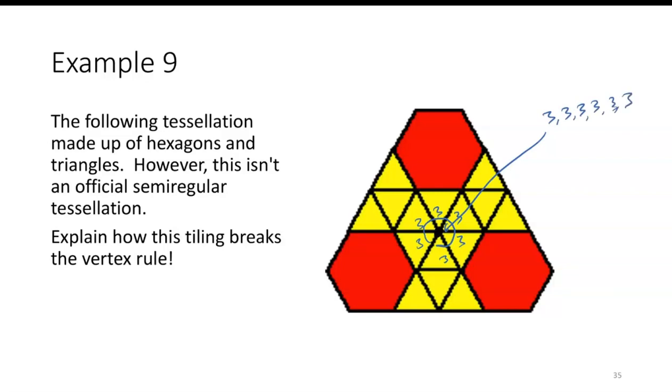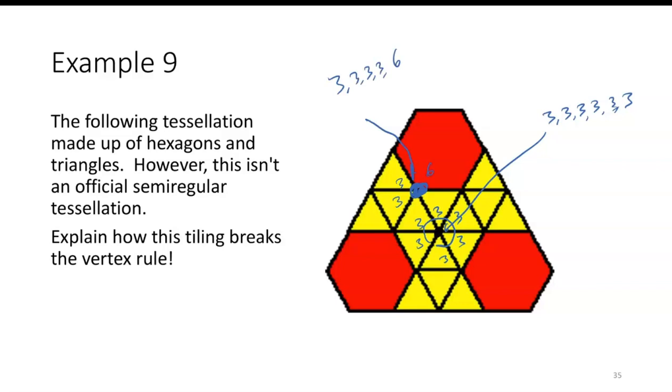If I just base it on that one in the middle, it would look like a 3, 3, 3, 3, 3, 3 semiregular tessellation. However, if I pick this vertex here, there's the 3 and 3, and a couple more 3s, and then a hexagon 6. So this one would suggest 3, 3, 3, 3, 6.